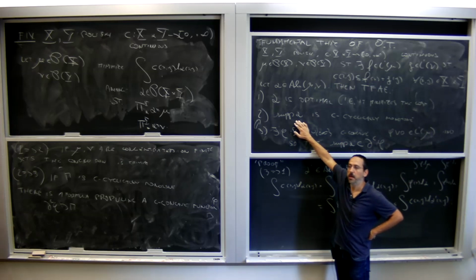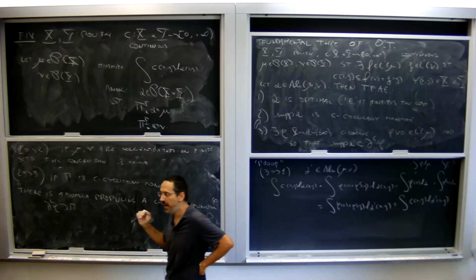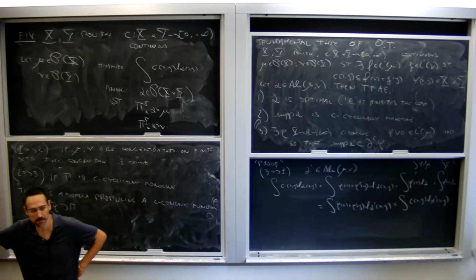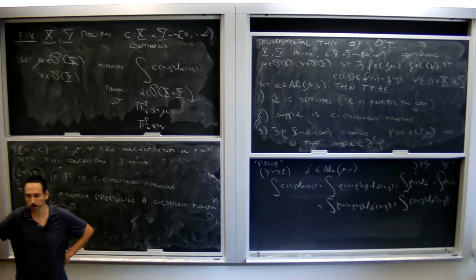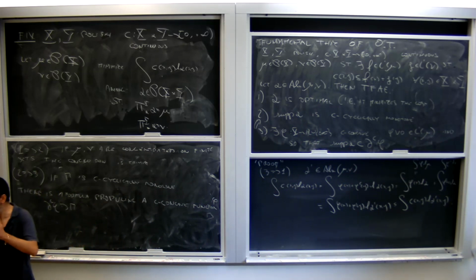So this means the following: pick 2 measures, mu and nu, find an optimal plan, alpha, and now pick any other measure in the product space whose support is included in the support of your plan. Typically, these will have different marginals, of course. But whatever their marginals are, this new plan is still optimal. Okay?